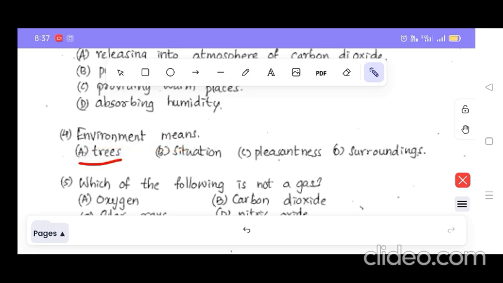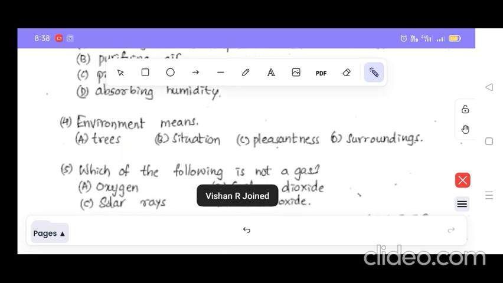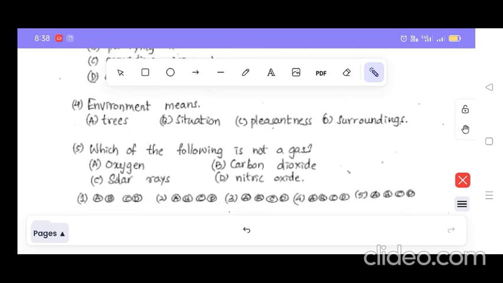Is it trees? Very good. Yes, right answer. Environment means all the things that are there around our surroundings. It may be a living thing or non-living thing, biotic component or abiotic component. So environment means surroundings.